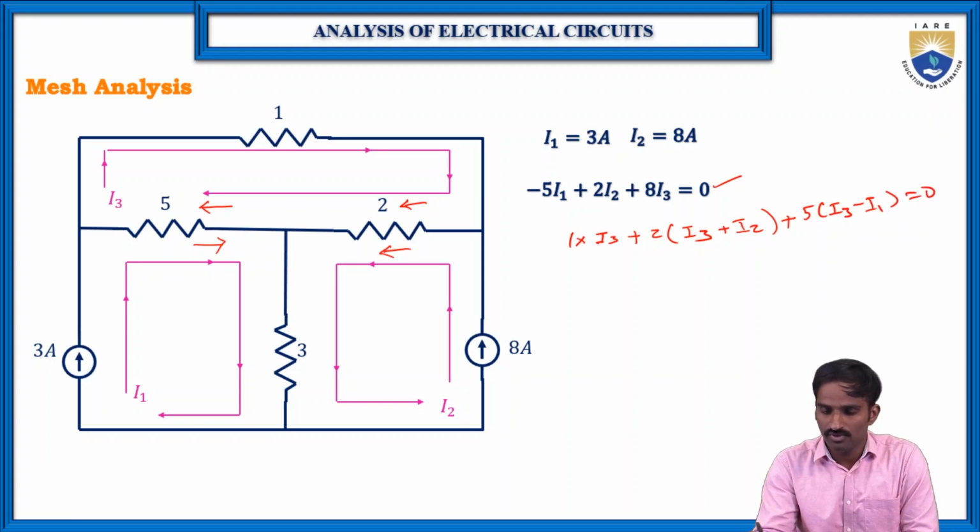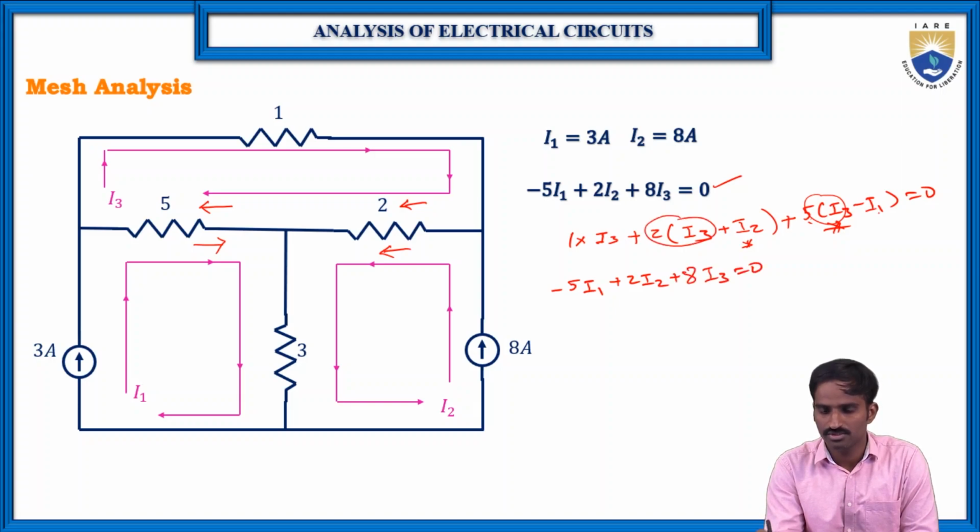So what are the I1 terms? Here 5 into I1 is there, so minus 5 I1. And what are the I2 terms? Here it is 2 into I2, so plus 2 I2. And what are the I3 terms? Here 5 I3 and here 2 I3, so 8 I3 equal to 0.